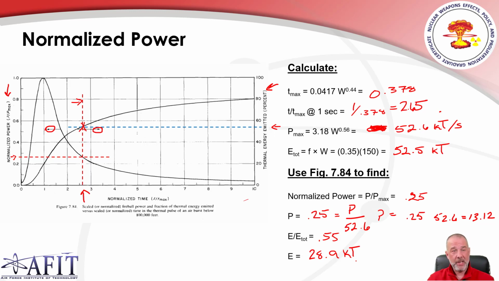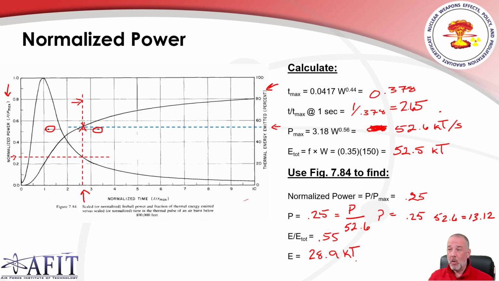And this changes depending, of course, at what time period we're looking at. More importantly is how much thermal energy has been radiated or produced from this weapon detonation at that 1 second point. And we find out it's actually a good fraction of the yield, that stems from the X-ray yield.